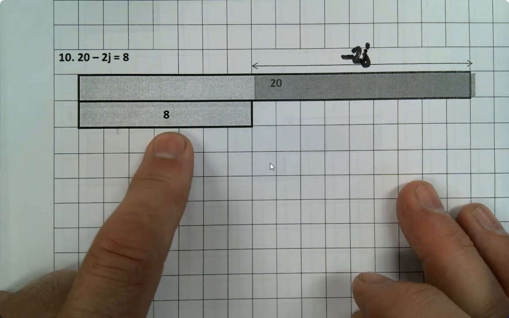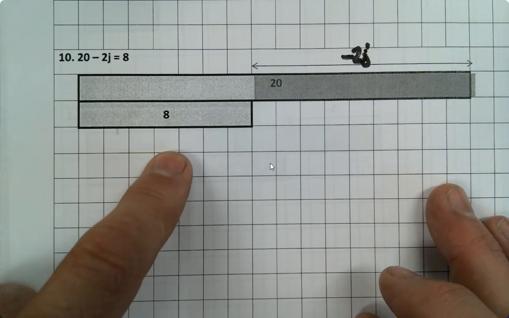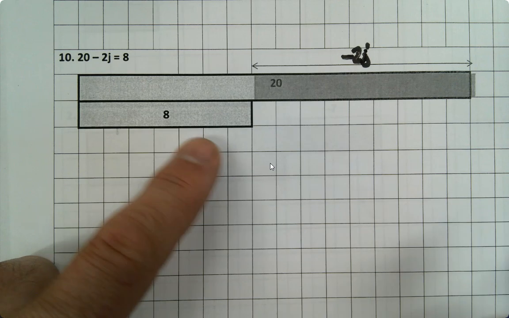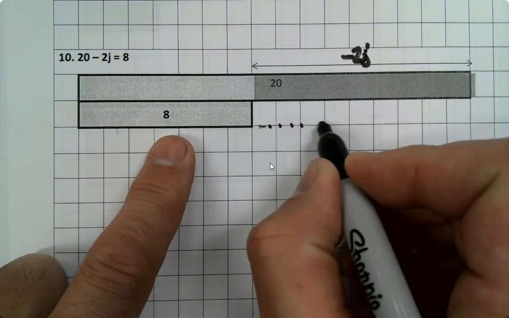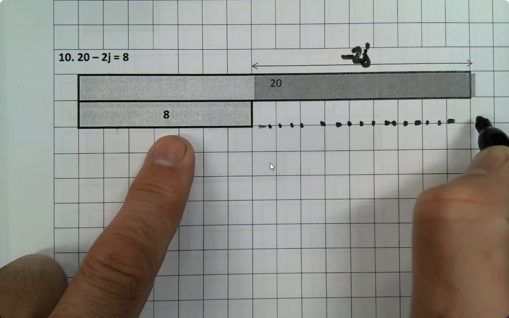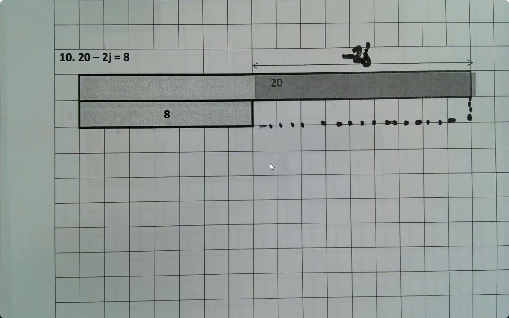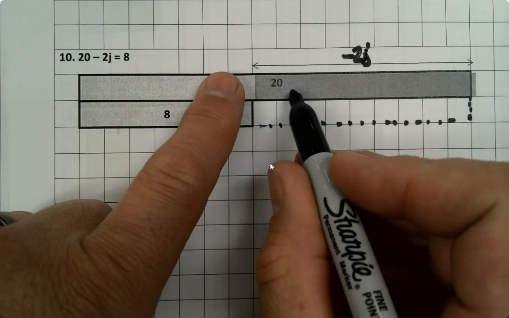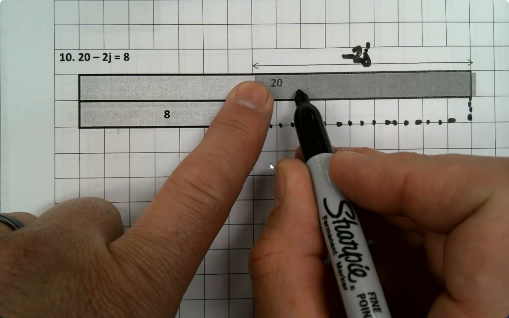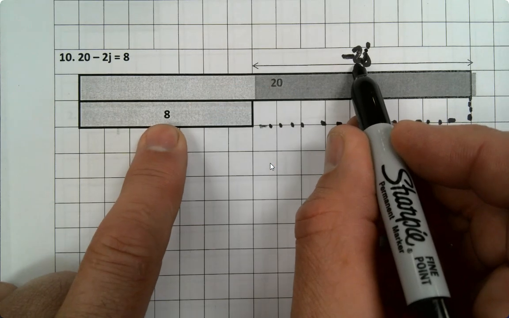What's left? How much is left? 8. So how long is this part right here? It's a negative 12, isn't it? The whole thing is 20. And we took away this 2J and we were left with 8.